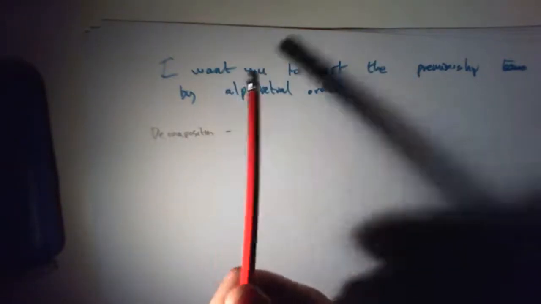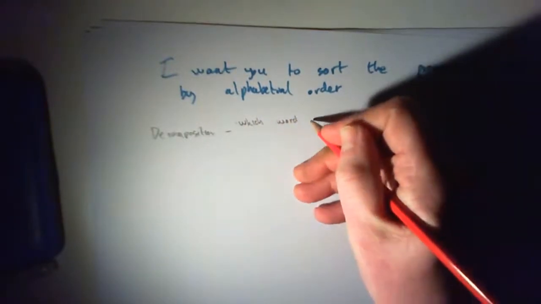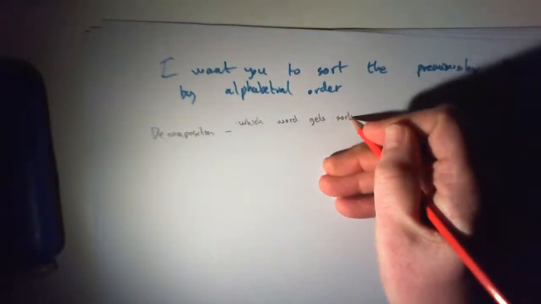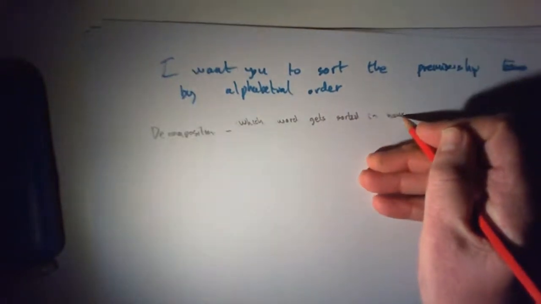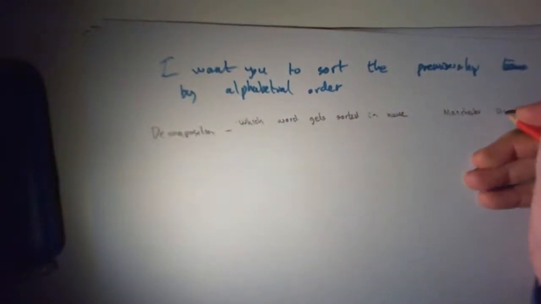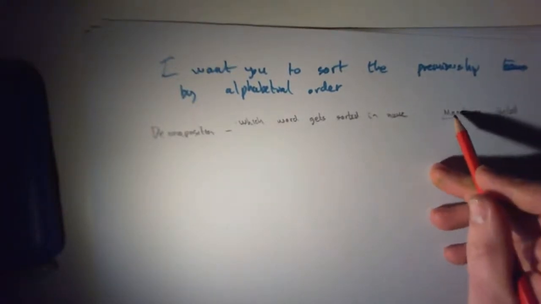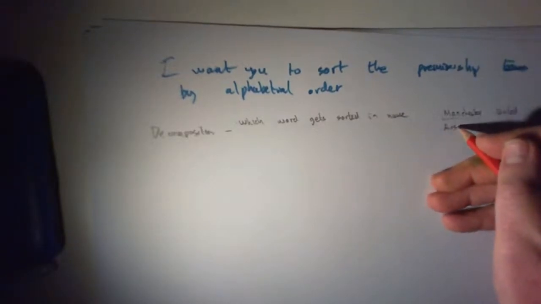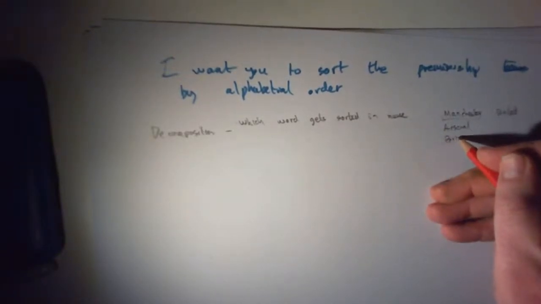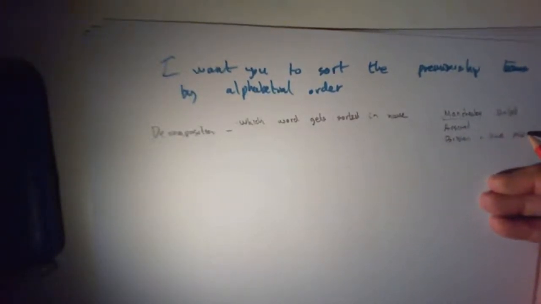Which word gets sorted in the name? If you take Manchester United and we decide it's going to be the first word, then it's Manchester that's going to be sorted, because then when I come down to Arsenal or Brighton, which is actually Brighton and Hove Albion, there you go, there's a 4.